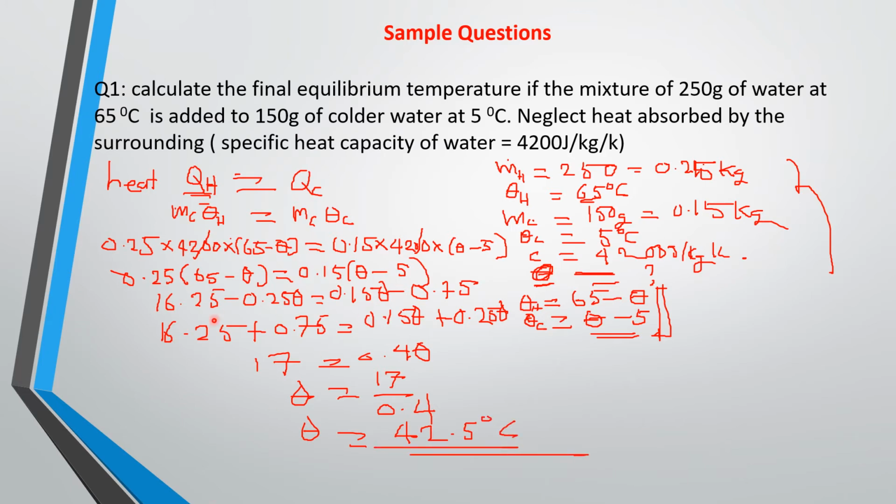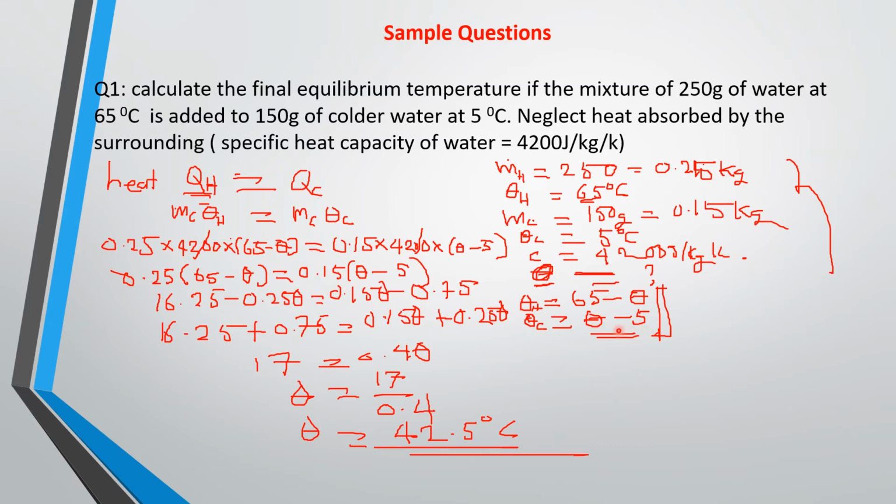Now, what I want you to take note of is this temperature change, because in most cases that is where students have problems: how you can get this temperature change. Remember that for the hot object and the cold body, at the end of the day, they are going to attain the same final temperature. The final temperature for the hot object should be less than its initial temperature, and the final temperature for the cold object should be higher than its initial temperature.